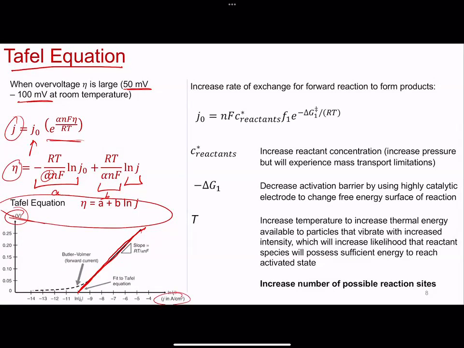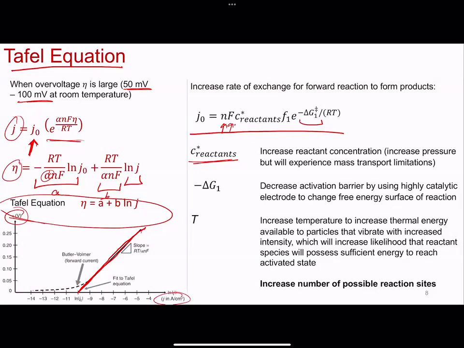One of the values that is stated here: how do you calculate J naught? Well, if we assume that the forward reaction happens, then it depends on the number of electrons that are transported, Faraday's constant, the concentration of the reactants that you inputted, and then the activation barrier to overcome. So then you say, if I want to increase current density, what do I increase?